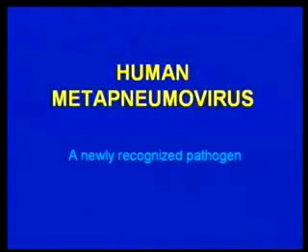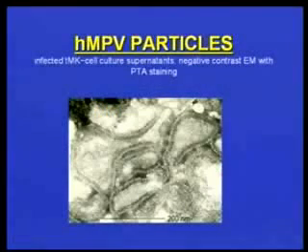Now, we have something newer to talk about. This is the human metapneumovirus, which is really gaining a lot of attention in publications. It is a relatively new pathogen on the scene, but it is a paramyxovirus, and the particles here show the typical RNA, which is coiled up, and this is a disrupted particle actually here.